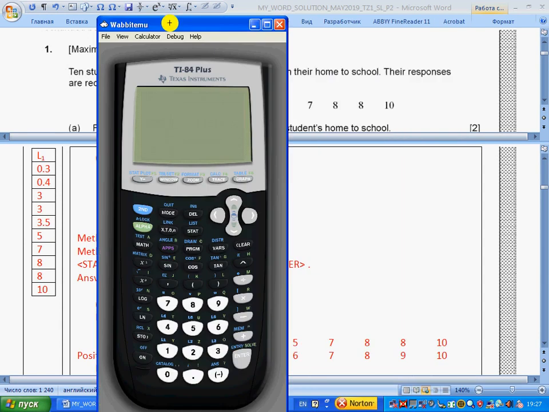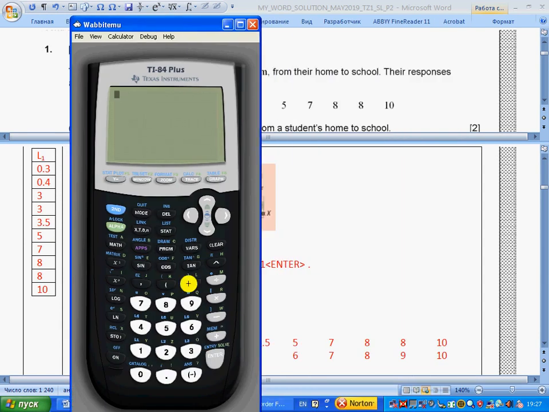So we press Start. Edit 1 is chosen, so we just press Enter, and we copy these values into the first column.